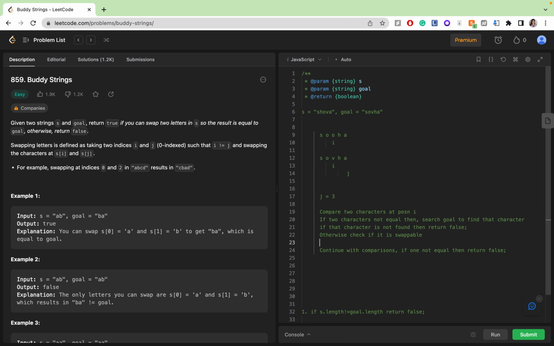Swappable means, check if sg is equal to goal I, right? So b.